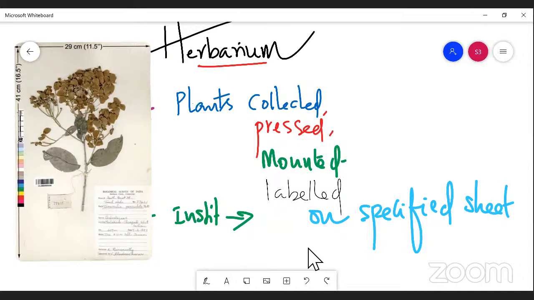Simply, the name of the collector, that means the plant where it is collected, and the dried specimen, how it is presented by using old newspaper.